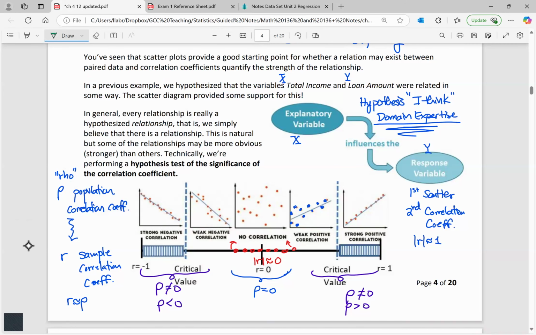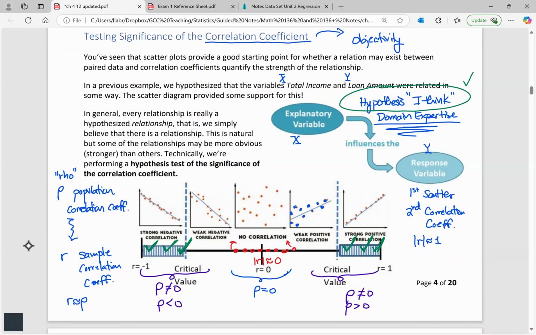So in other words, the stronger the sample correlation coefficient is, the more evidence there is that there is, in fact, this correlation or association between the X and Y variable, and what I hypothesized is in fact correct, that there's now statistical evidence to support the claim that the variables I identified, X and Y, are in fact correlated.